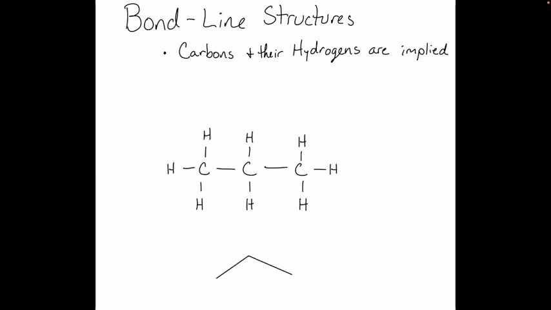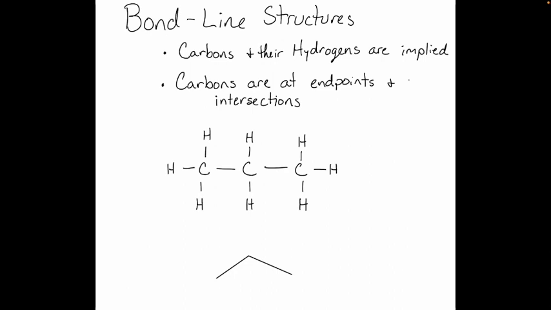Okay, so then how am I supposed to look at this zigzaggy line and figure out what the heck is going on? Okay, carbons are at the end points and intersections in our bond line structure.